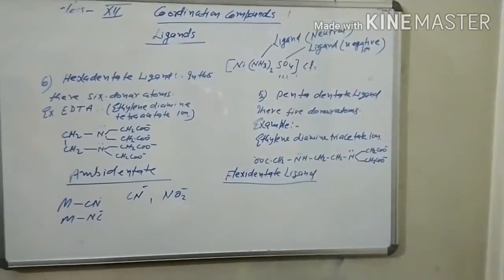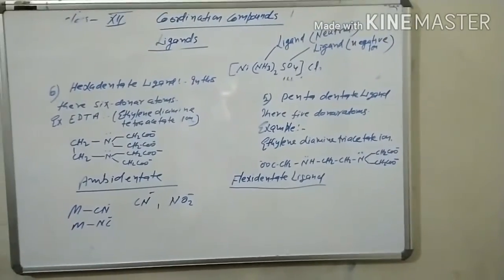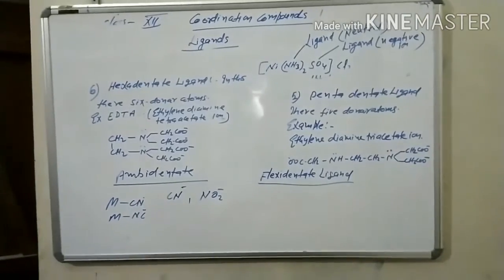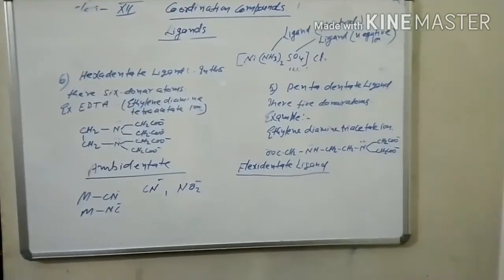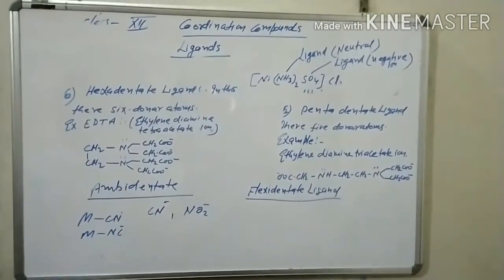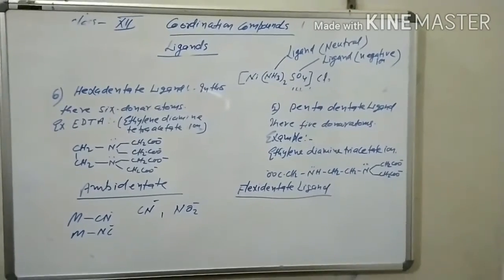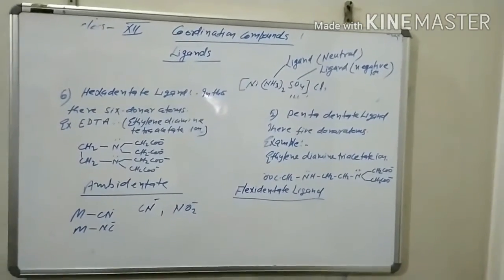So among the polydentate ligands, another species arises as the flexidentate ligand, in which donor atoms may be more, but out of them certain donor atoms are coordinated with the central metal atom.